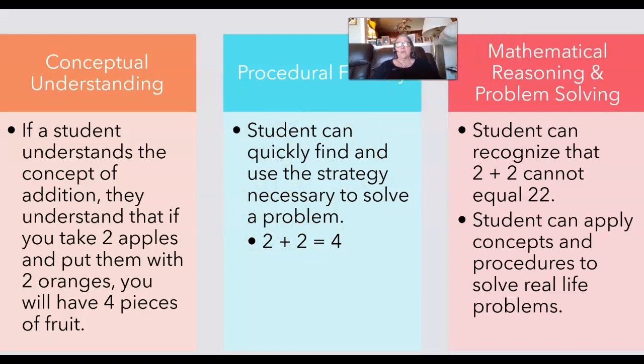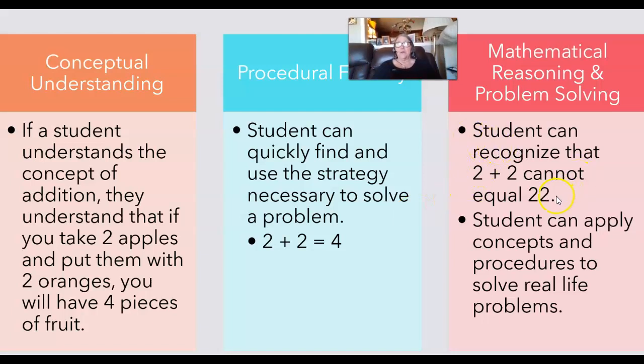Mathematical reasoning is a very important component because that keeps us from making really bad mistakes. Let's say, for instance, that a student was using a calculator and they put in a 2 and they put in a 2 and they hit equal, and of course it's going to come up with 22 because they forgot to put in the plus sign. Or maybe they accidentally put in 2 plus 2 equals, and they come up with 24.